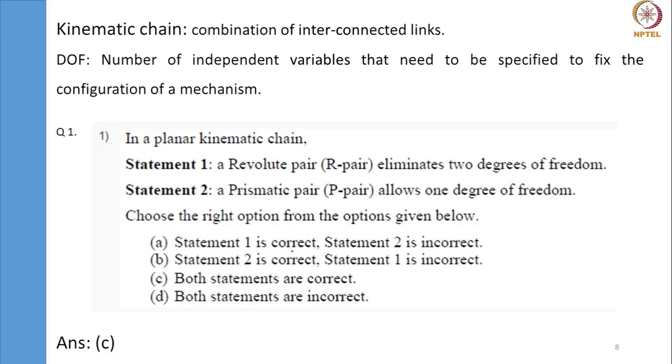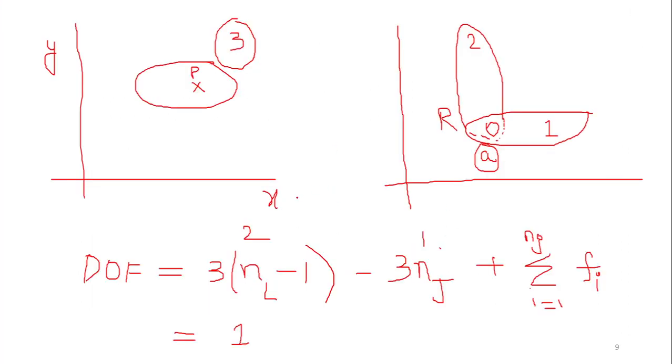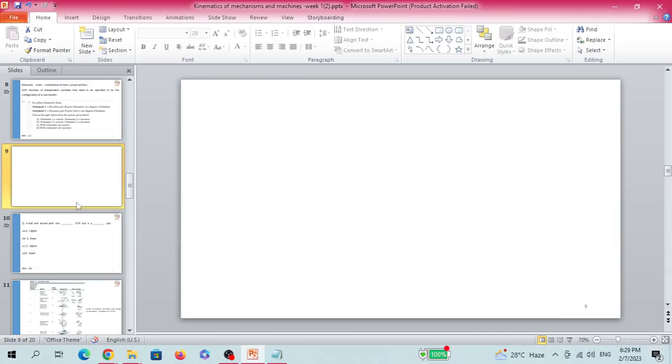Okay. The second statement, a prismatic pair allows 1 degree of freedom. So this is a straightforward one. A prismatic pair can be denoted like this, something like this.